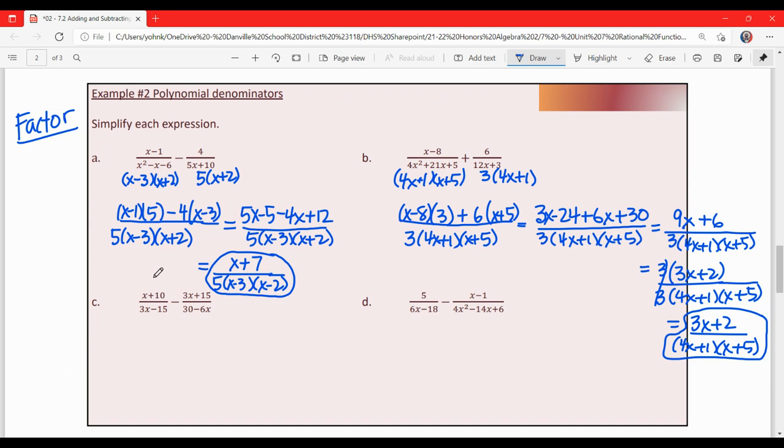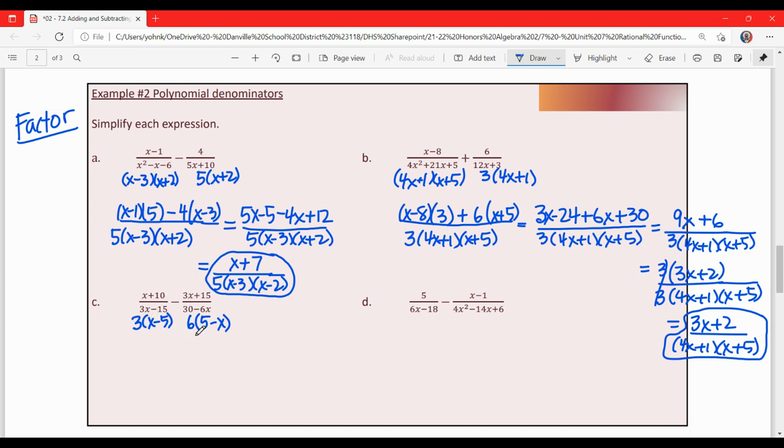All right, if we look at letter C, in the denominator, I can factor a 3 out, and I have an x minus 5 left over. And then in the bottom right, I can factor a 6 out, and that's 5 minus x. Look, I have a 5 minus x and an x minus 5.